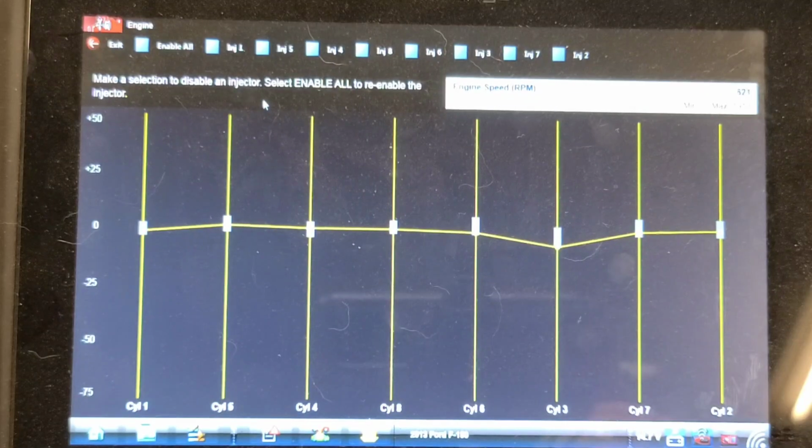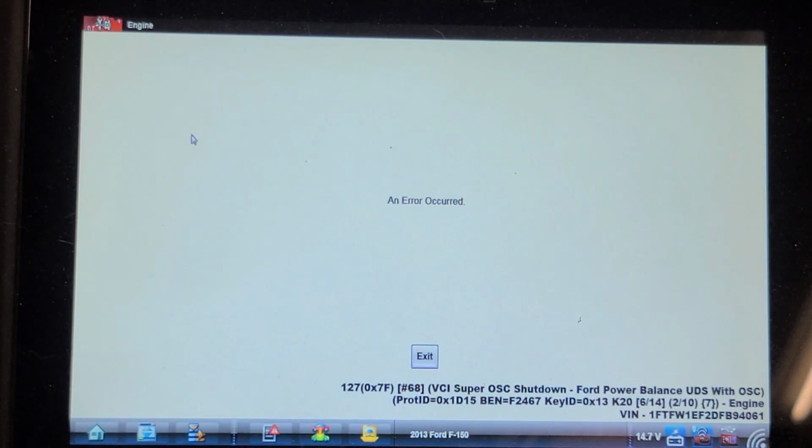Say if we kill injector number 5. Wow, that's slow. Let me try and exit out of here. An error occurred.